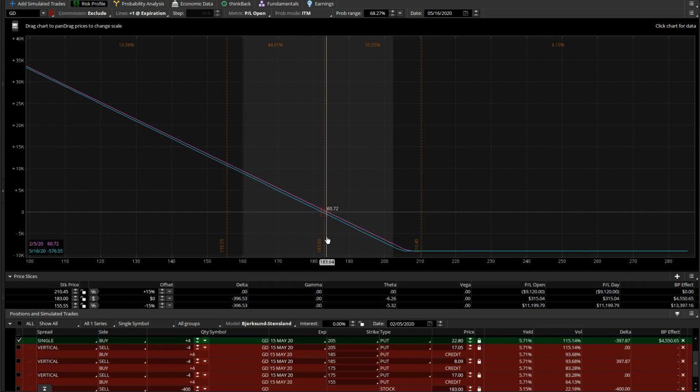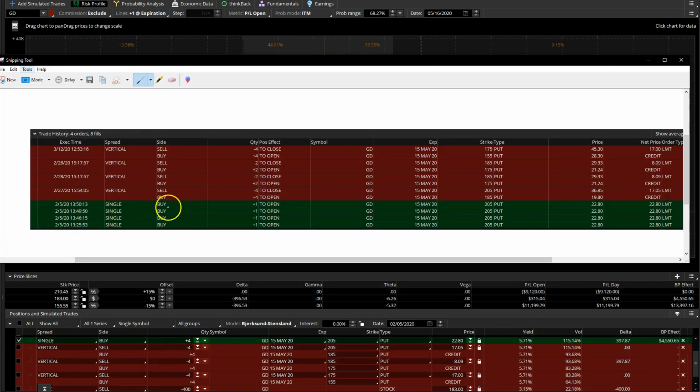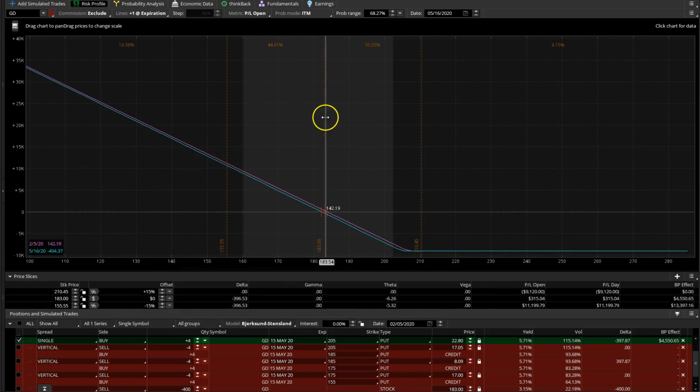For example, I bought 4. So here again, this is the trade I made. Here the 1, 2, 3, 4, and the price was 22.80 at that date. And that means that for this specific trade with 4 contracts, the maximum loss that I can have will be $9,000.